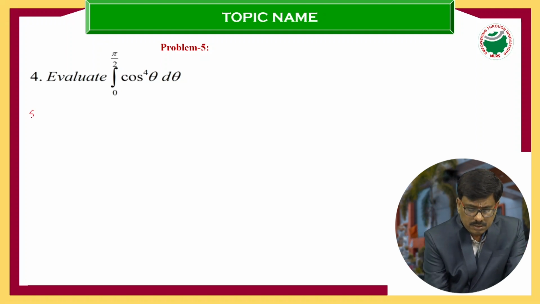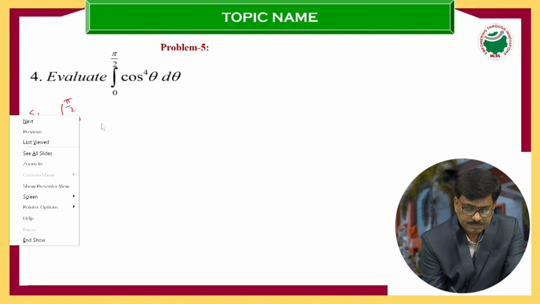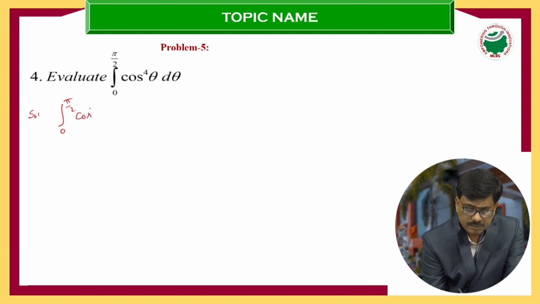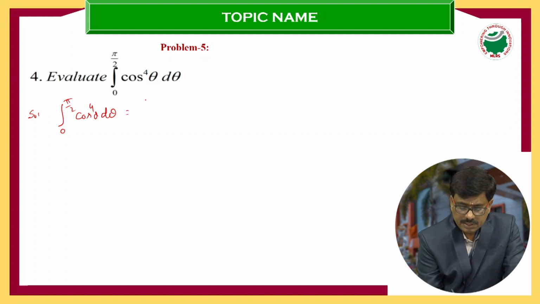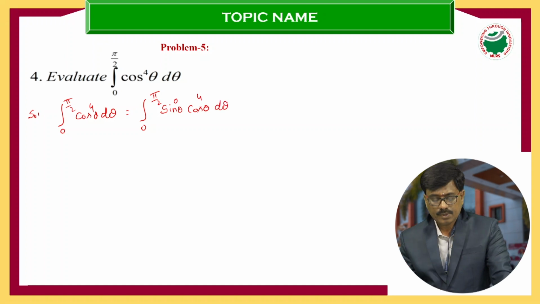What is the integral value? Integral 0 to pi by 2 cos power 4 theta d theta. How do you write this integral? Integral 0 to pi by 2 sin theta power 0 cos theta power 4 d theta.